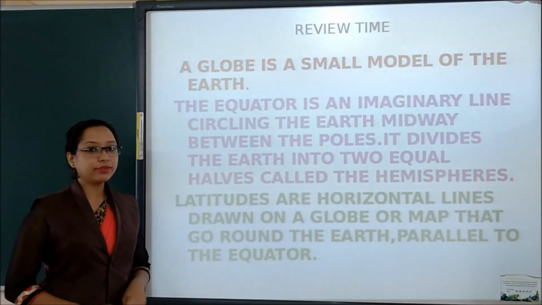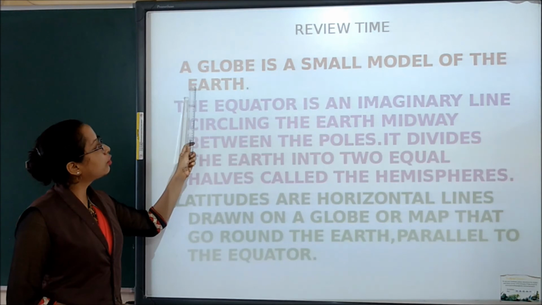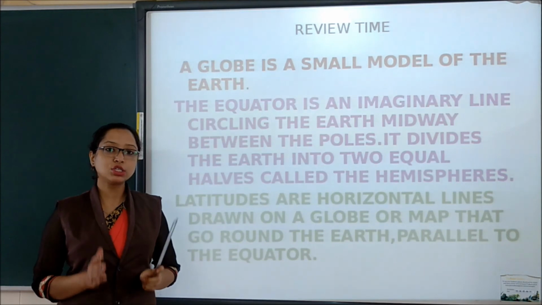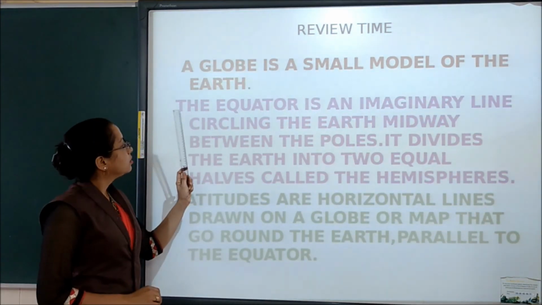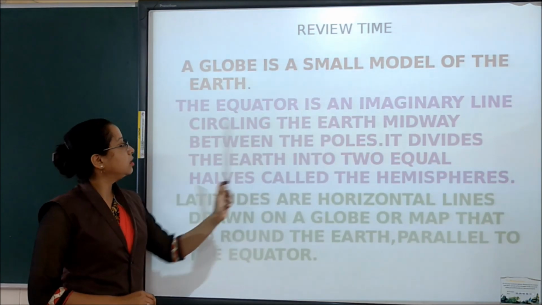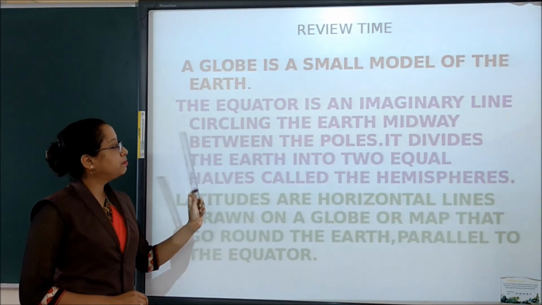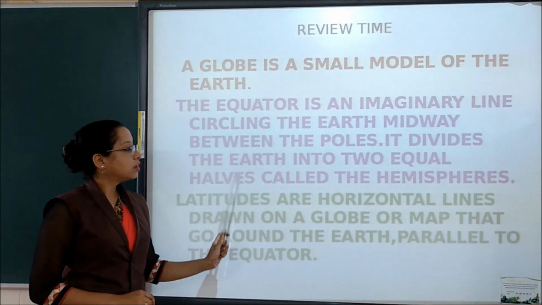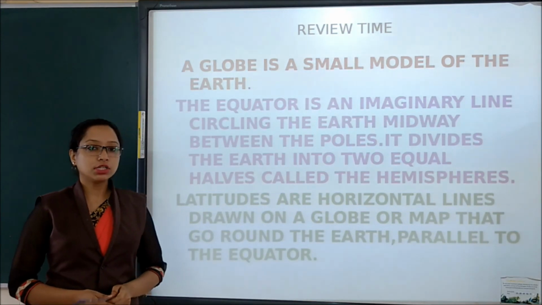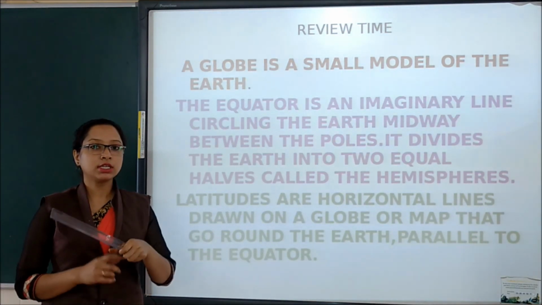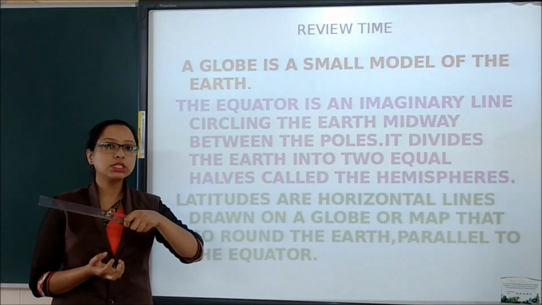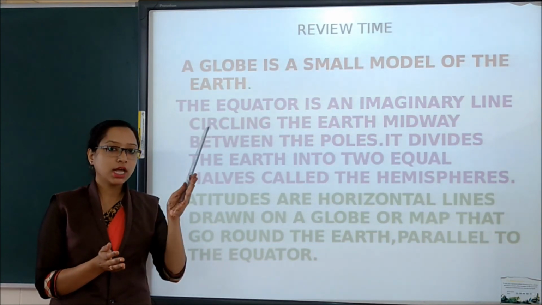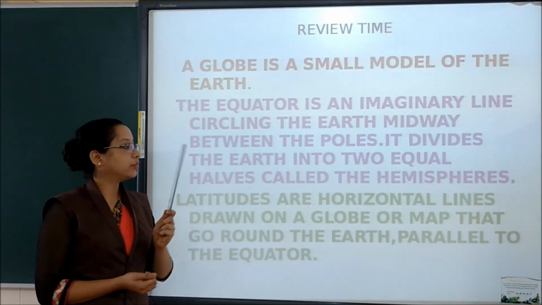Review time children. Now let's see what we have studied. A globe is a small model of the earth. So this we know now that the globe is a small model of the earth. The equator is an imaginary line circling the earth midway between the poles. It divides the earth into two equal halves called the hemispheres, that is the northern hemisphere and the southern hemisphere.